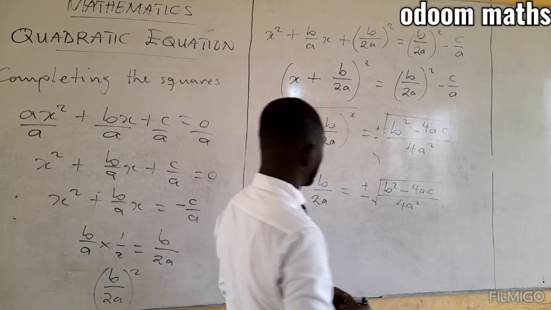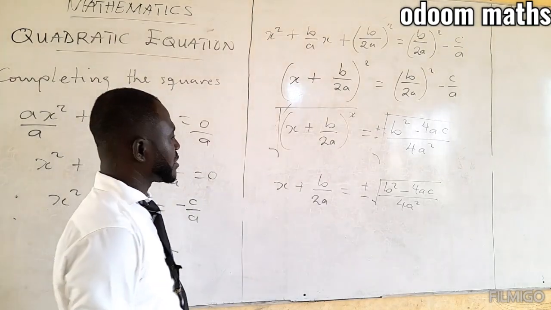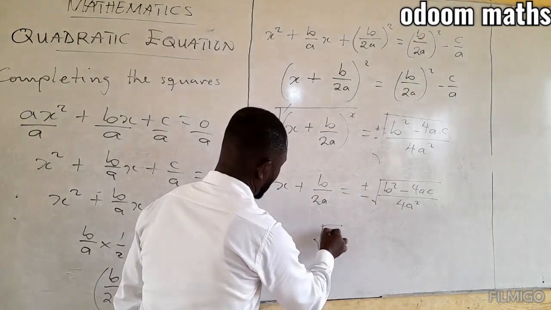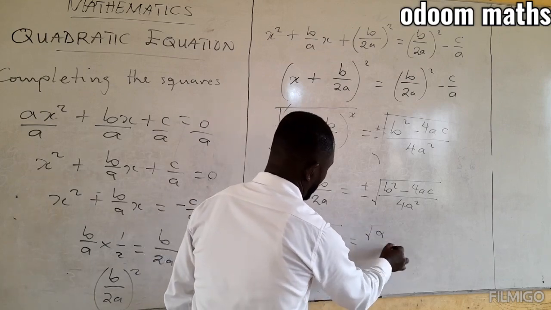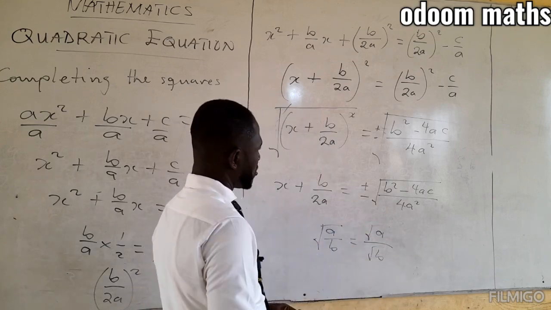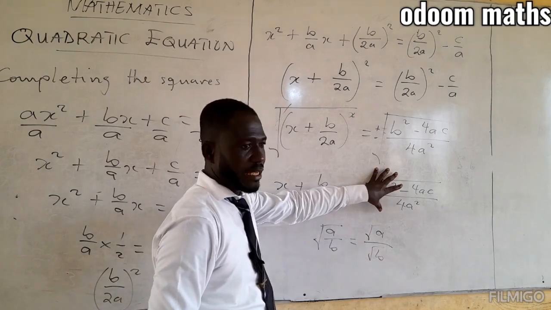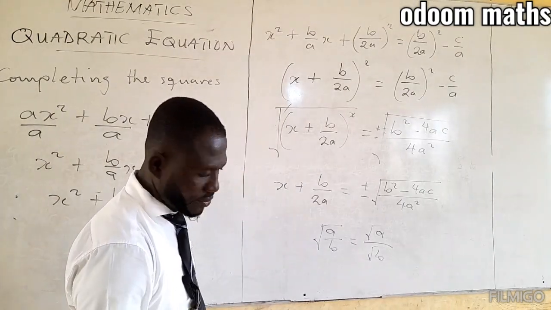Okay. Now, in indices, when you have square roots of a over b, it's the same as root a over root b. So we can apply this knowledge here.